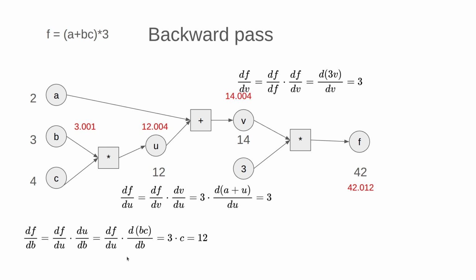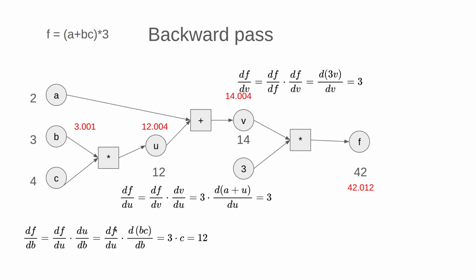And then we can move toward the beginning of the graph. So we try to decide what's the df over db for this variable. Since b is the input of this function and u is the output of this function, we're using u in the chain rule to decompose this differentiation into 2 terms.